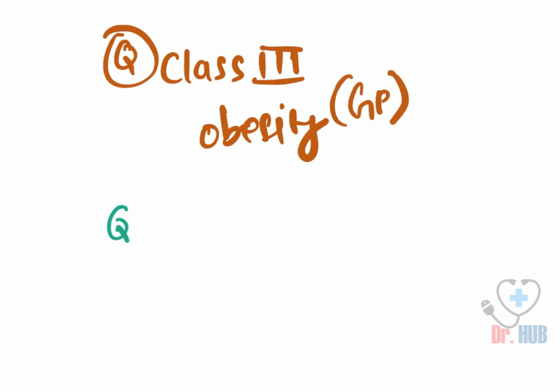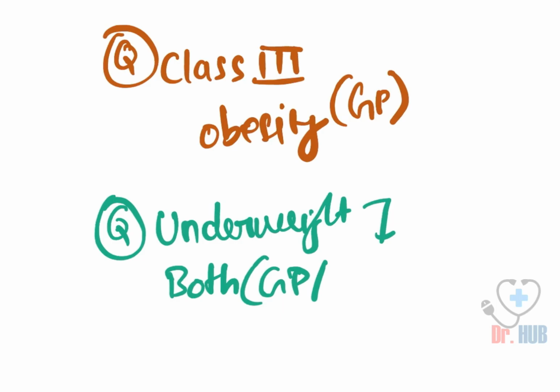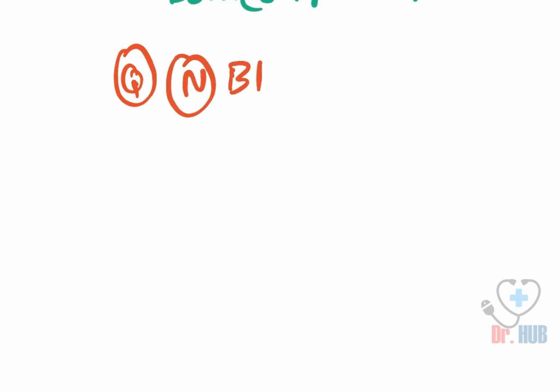The next question is, what is considered underweight, which is common to both the global population and the Indian population? The next question is, what is considered normal? What is the normal BMI in terms of the Indian population?